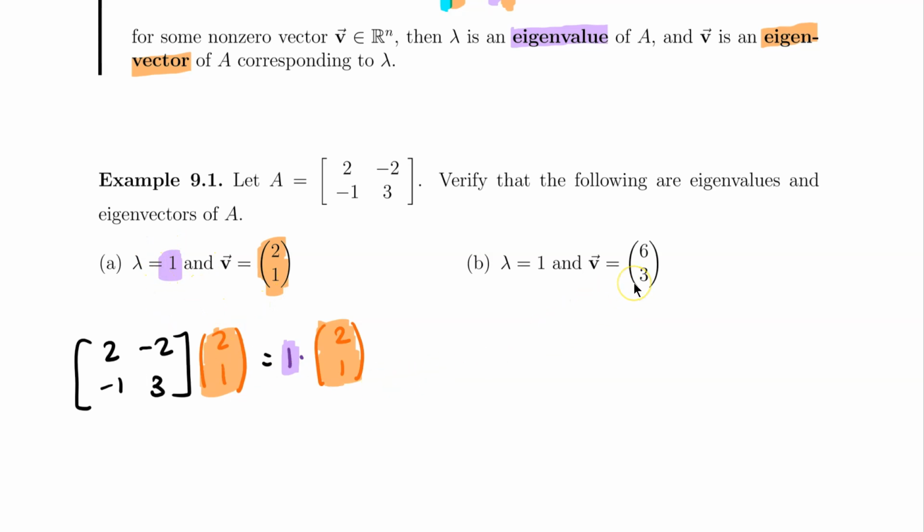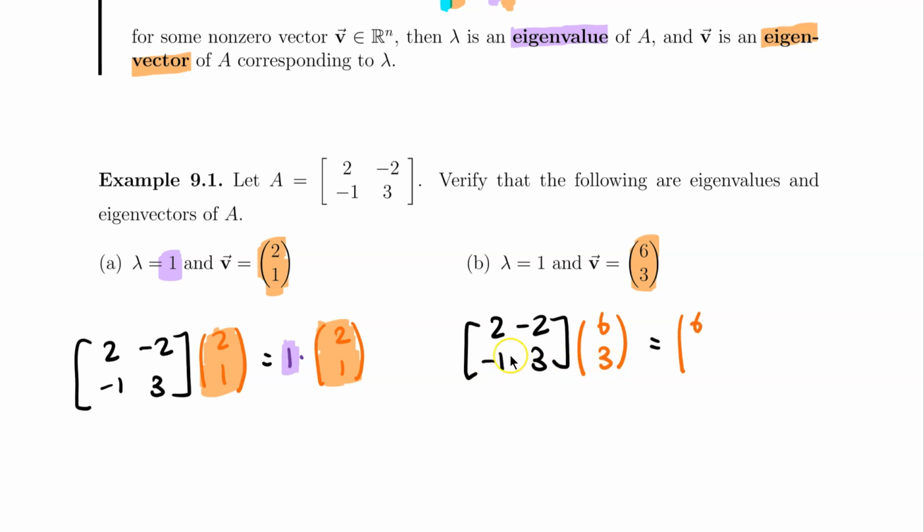Let's try again with vector 6, 3. If I multiply the matrix 2, -2, -1, 3 by the vector 6, 3, my top number is going to be 2 times 6 plus -2 times 3. So that's 12 minus 6, which is a 6.